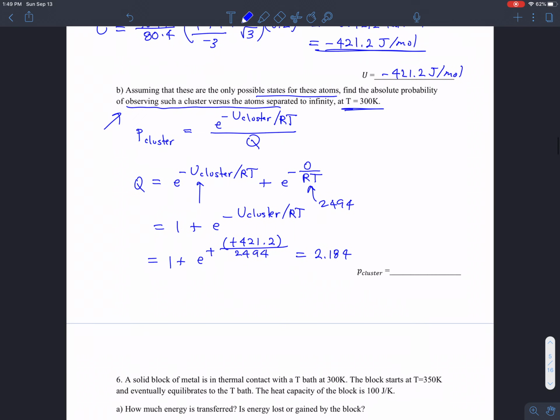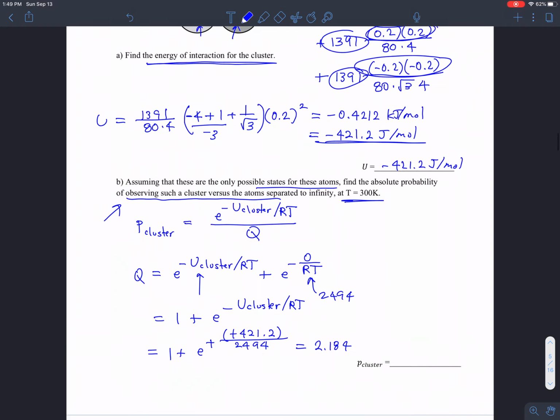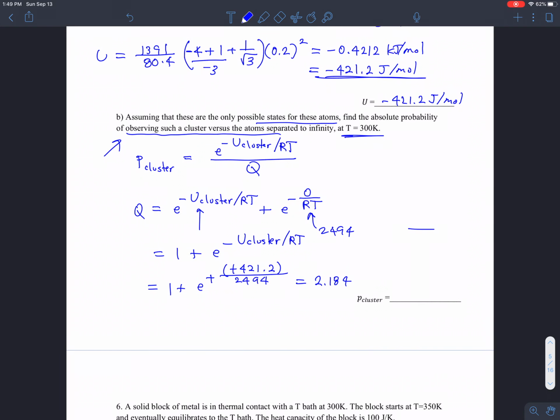Now, there is something that should be pointed out here, and I will point this out again on other occasions. Notice in this particular case we have two states. We could draw a level diagram for this. But now we're saying that the upper state has the 0 of energy, right?